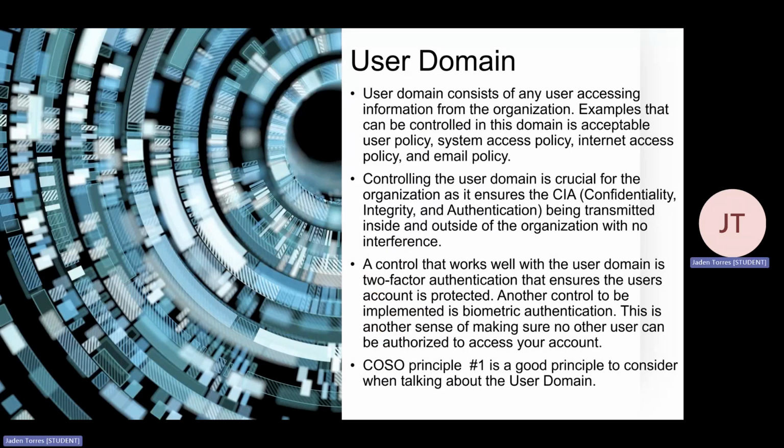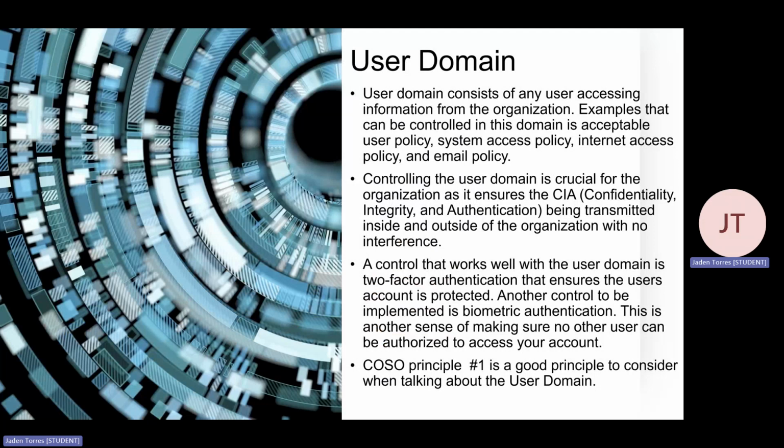So controlling the user domain is a crucial part of the organization as it assures the CIA. CIA is short for confidentiality, integrity, and authentication. So ensuring that the CIA is protected, being transmitted inside and outside the organization with no interference.